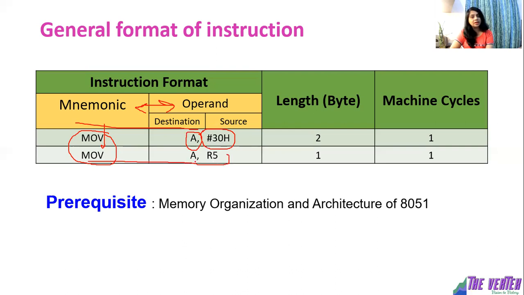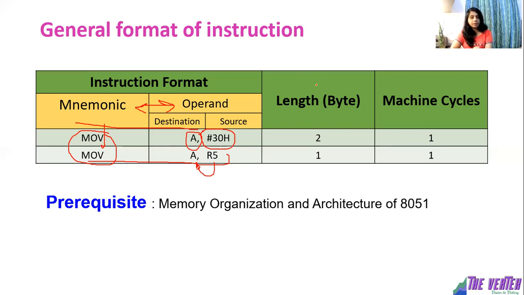R5 is a register, A is also a register, and MOV says transfer or copy the data. So in this instruction, data will flow from source to destination. Data always flows from source to destination. In the operand, on the right hand side we always mention the source and on the left hand side there is always the destination.